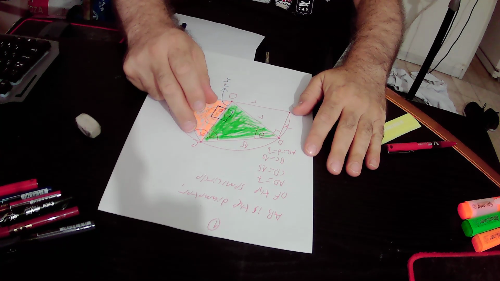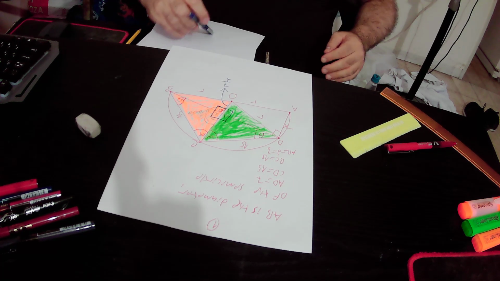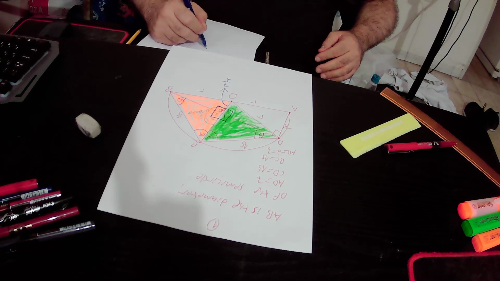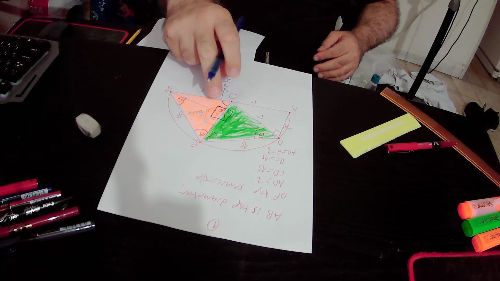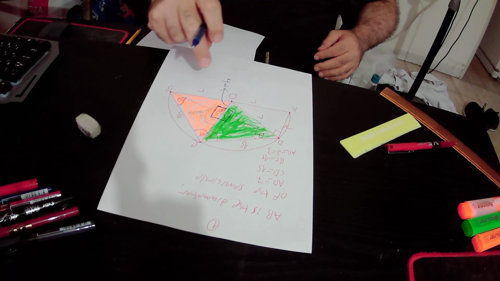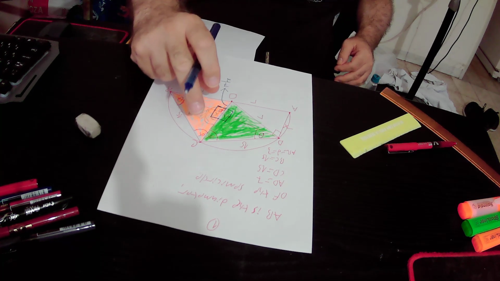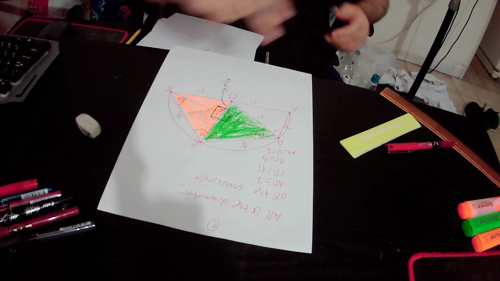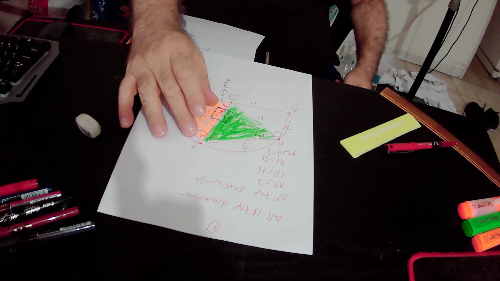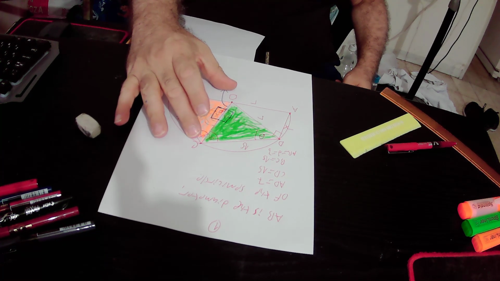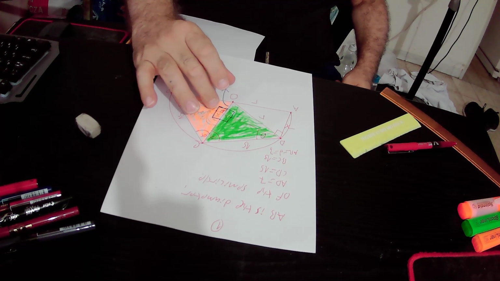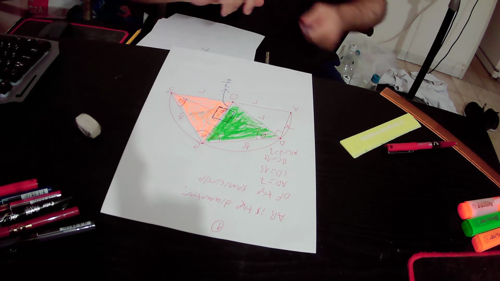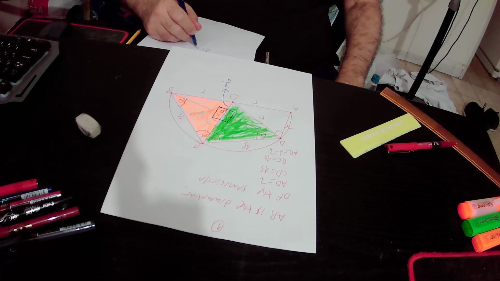What is the value of EC? We've already found out that OE equals 7 over 2 units. Now we want to find out the value of EC. EC equals OC minus OE. Okay? EC equals OC minus OE.